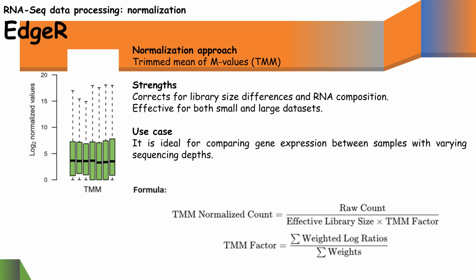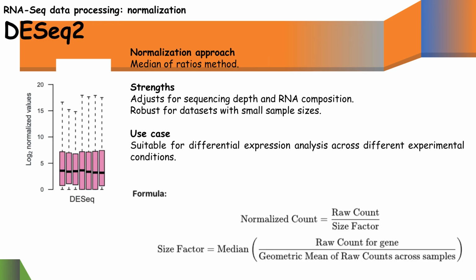The trimmed mean of M values, or TMM approach, used in edgeR, corrects for library size differences and RNA composition. It is effective for both small and large datasets and ideal for comparing samples with varying sequencing depths. DESeq2 uses the median of ratios method to adjust for sequencing depth and RNA composition.